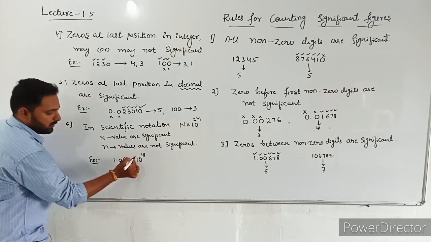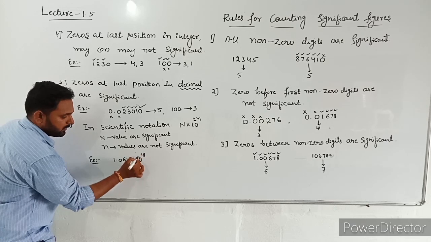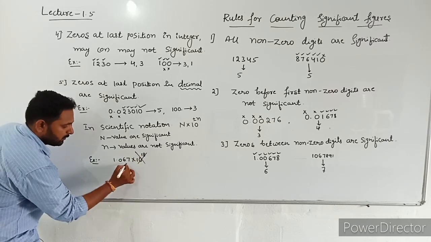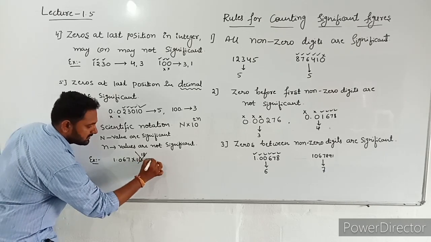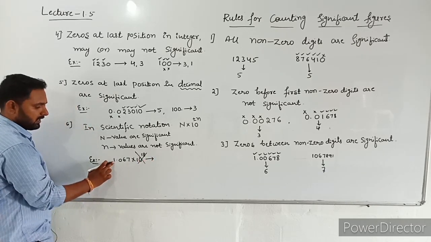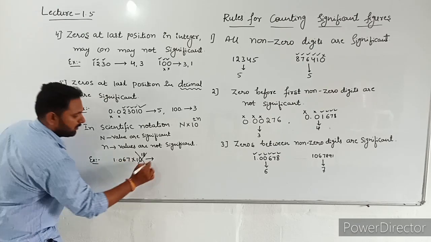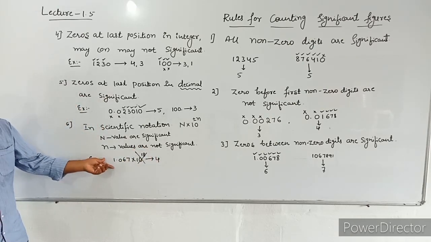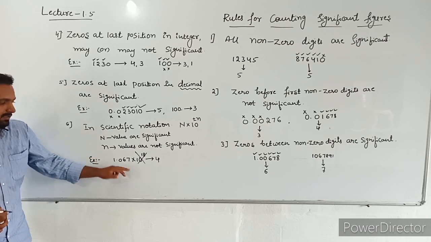Means we don't consider these values. Now tell me how many significant figures are present in this number? 1, 2, 3, 4. There are 4 significant figures in this number.